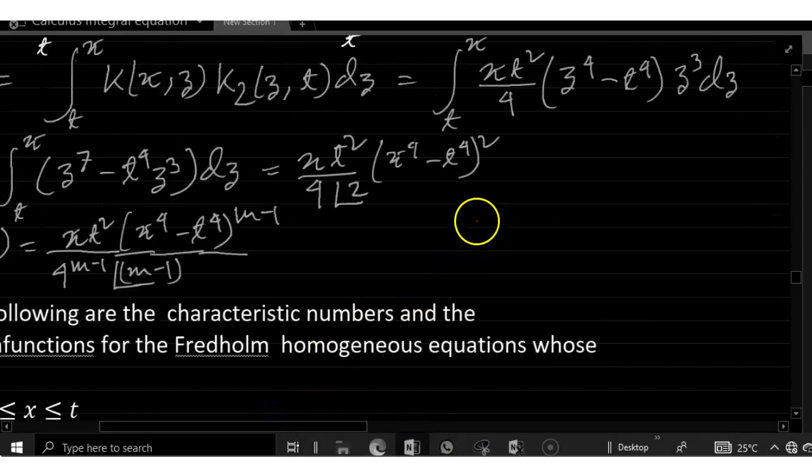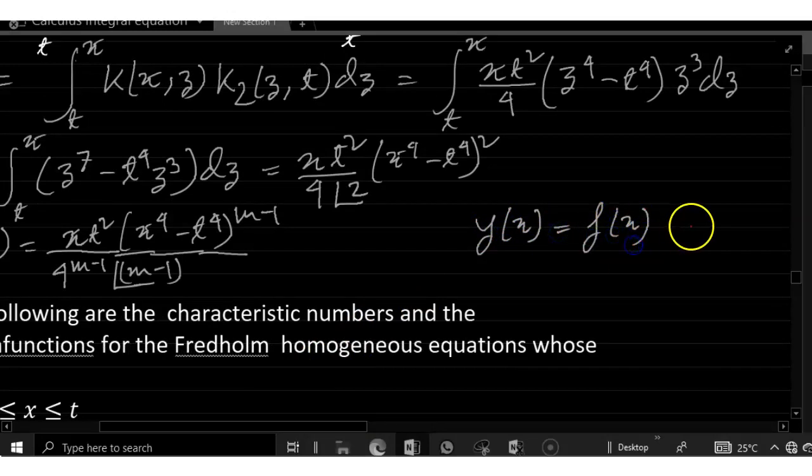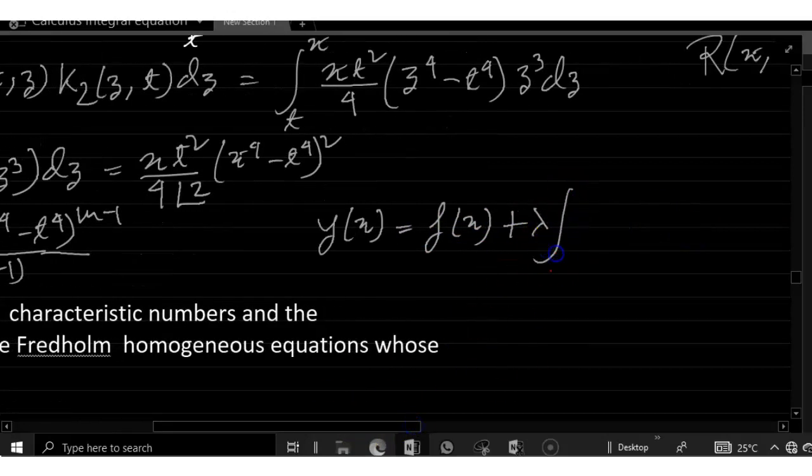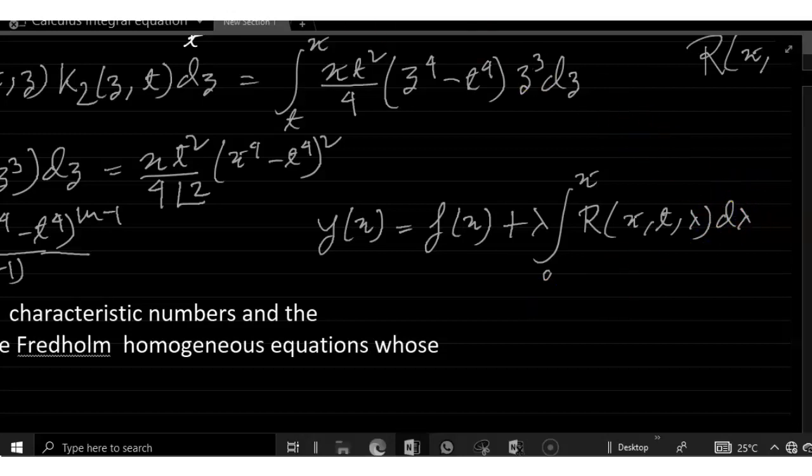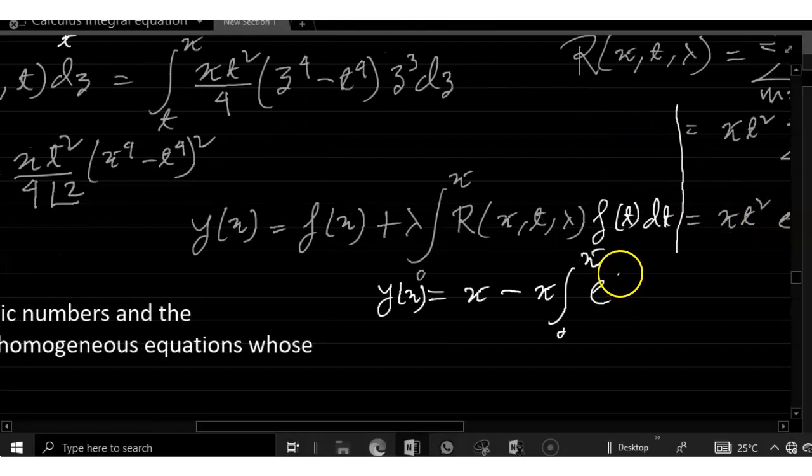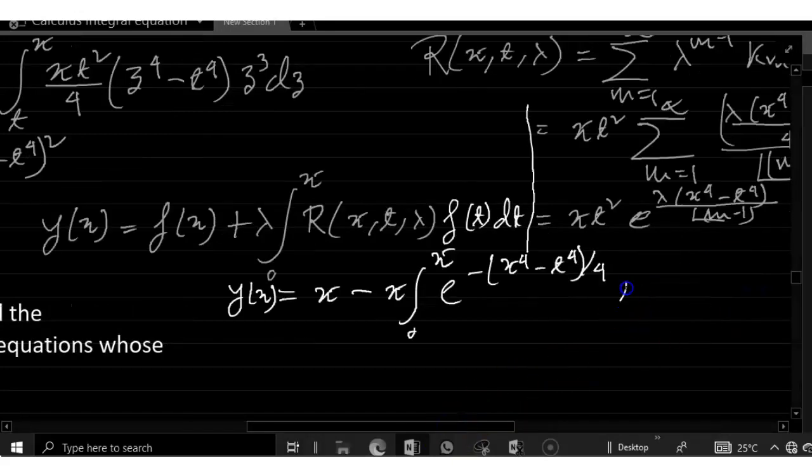So now my y(x) equals to f(x) plus lambda integral 0 to x R(x,t) f(t) dt, sorry, it is not d lambda, it is f(t) dt, e to the power minus (x to the power 4 minus t to the power 4) divided by 4 into t cube dt.